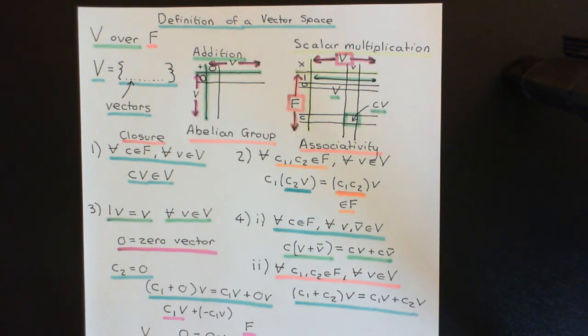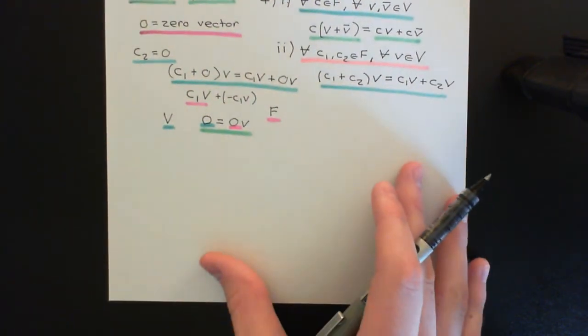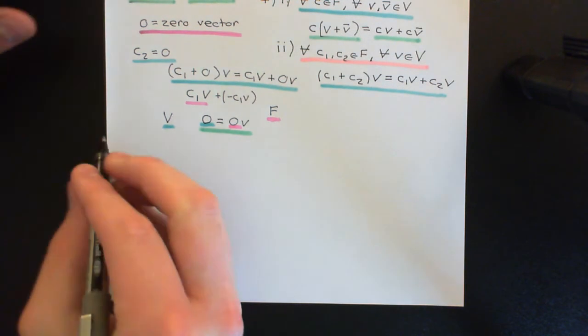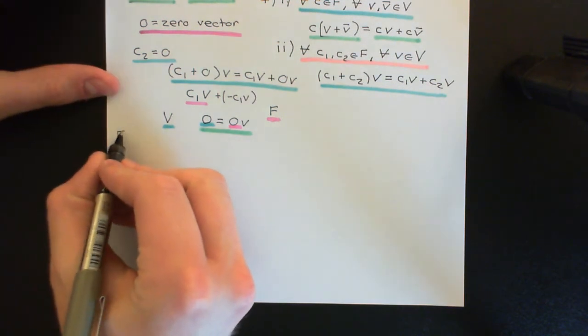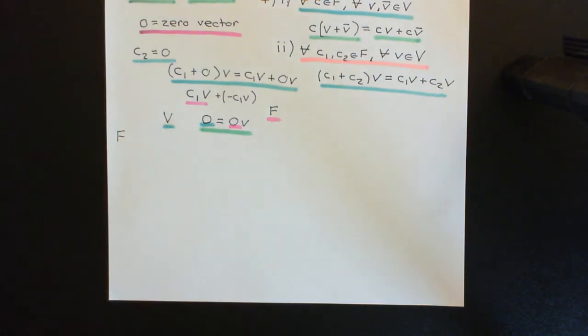So what I now want to do is, if we start off with an abstract field, capital F, how do we actually construct some vector spaces over that field, capital F? That's what I want to ask in this next video. So we've got some arbitrary field, capital F, and we've seen lots of examples of fields now.